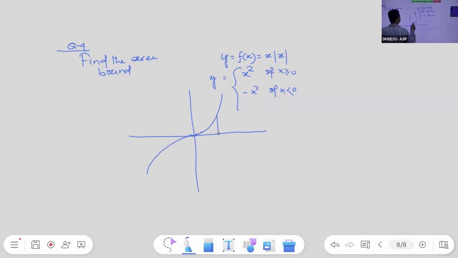Clear? This is x is equal to 1. This is x is equal to minus 1. Okay.